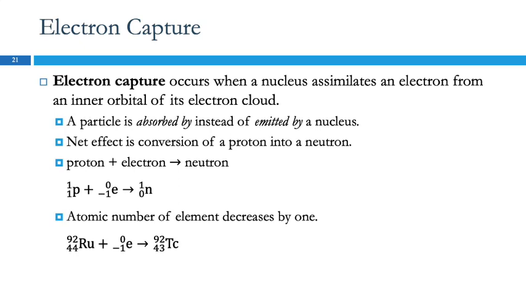And so the net effect is the reverse of beta emission, right? So we have a proton and this absorbed electron, and that's forming a neutron. So when this happens, the atomic number also decreases by 1. But this is absorbed, so it's a reactant.